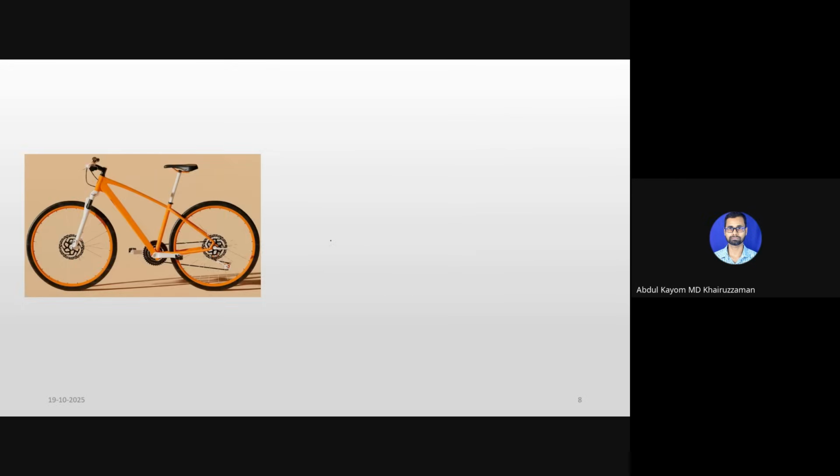Then we have a bicycle. In Arabic, we call it darajatun. So the question is coming, adarajatu anasin hadhihi. Darajatu anasin means Anas's bicycle, the bicycle of Anas. So if I say adarajatu anasin hadhihi, is this Anas's bicycle?